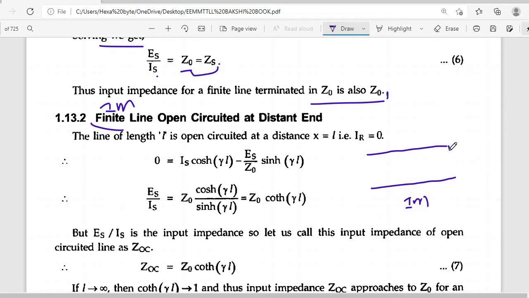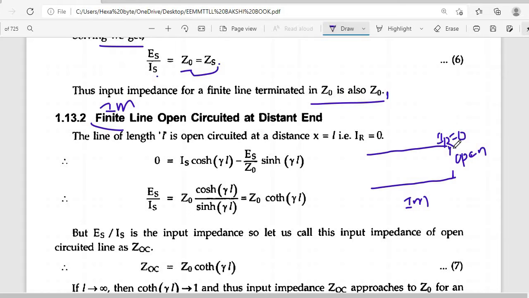Here, this is the open. Open in the sense that it is the receiving part. Does current exist in an open transmission line? Nowhere, it never exists. For an open transmission line, IR equals 0.